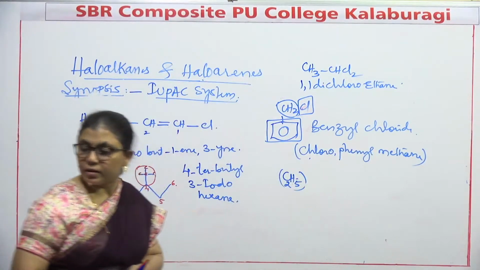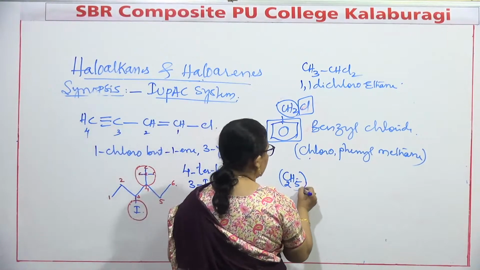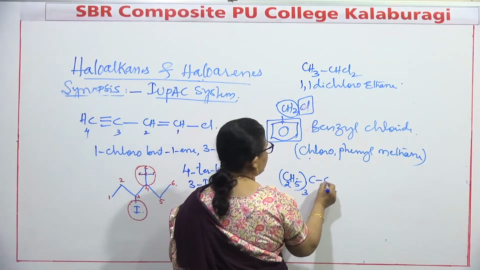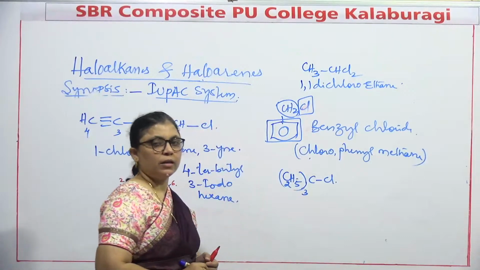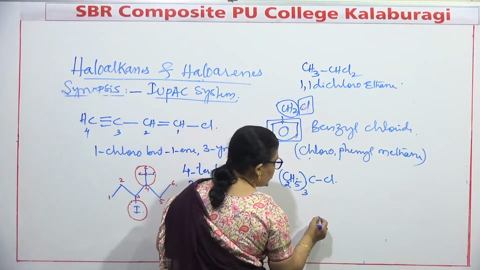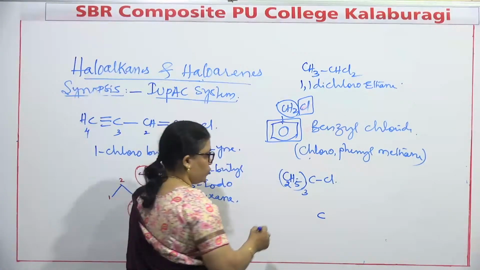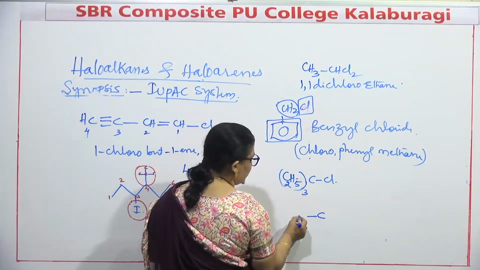So they have given in the NCERT C2H5 3 times only Cl. Now, while writing this one, always we should write carbon at the center, and on 4 sides we can write 4 ethyl groups. Sorry, 3 ethyl groups, 3 sides.